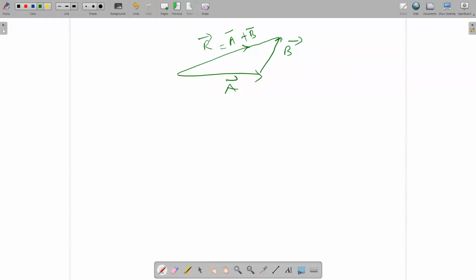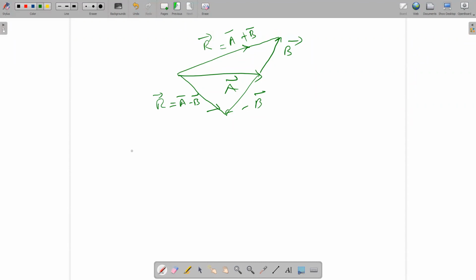If I want to make the minus B vector, then its direction will be this one. This is minus B vector. So this is the resultant, and this resultant shows A minus B vector. In this way, we can subtract two vectors.